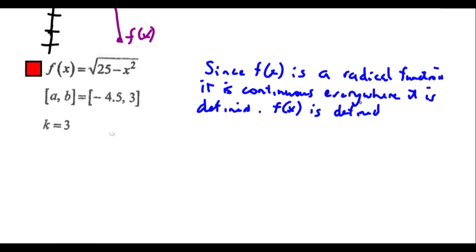And we have to figure out where it's defined. So we know that whatever is underneath that square root has to be greater than or equal to 0. How can I figure that out? I remember how to solve a quadratic inequality. Yes, that's a difference of squares. So yeah, we can do that.